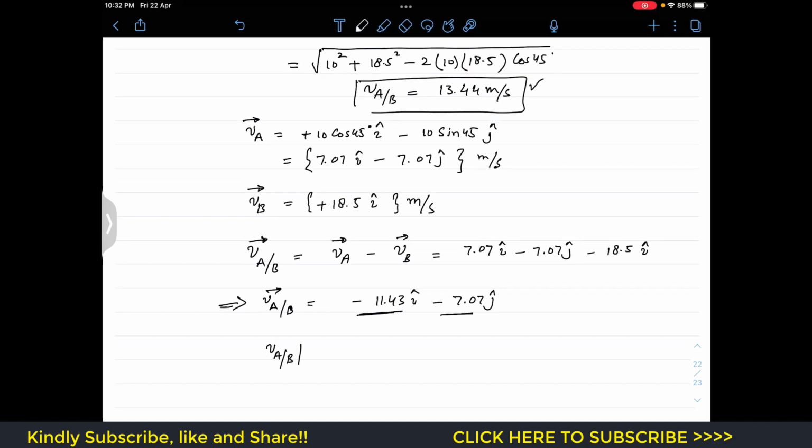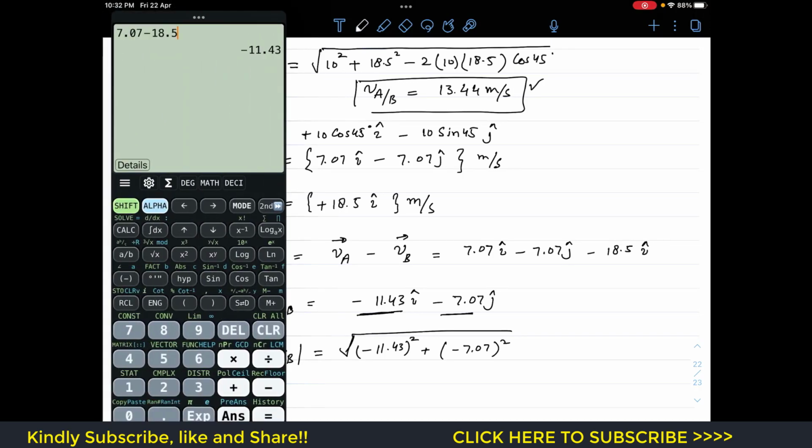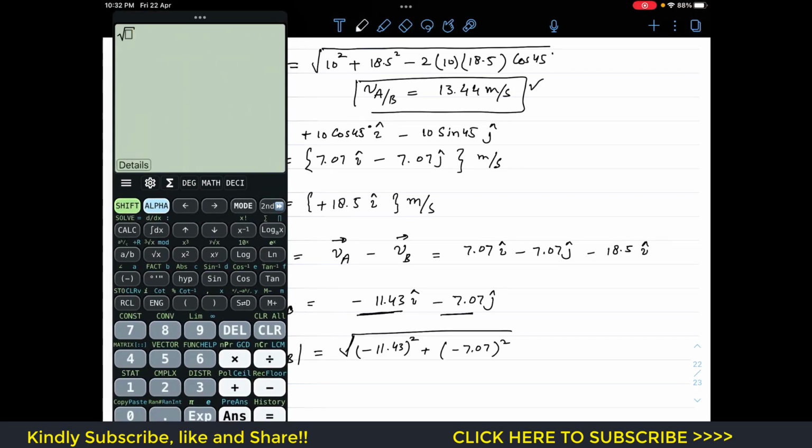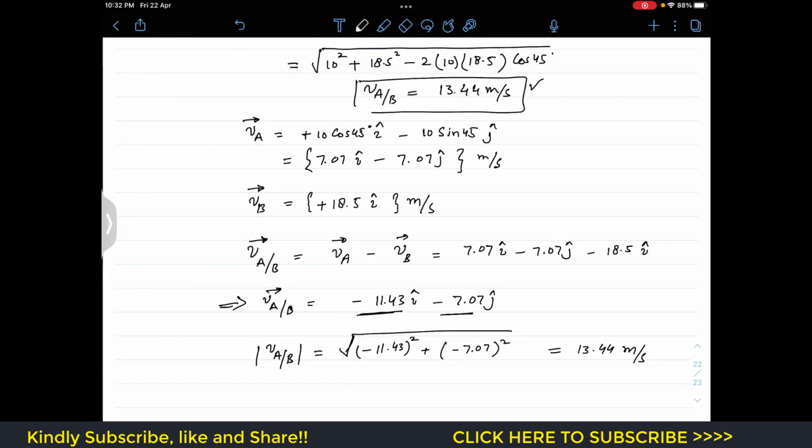So by using the Pythagoras theorem, the magnitude of the relative velocity of A with respect to B will be equal to the square root of minus 11.43 squared plus minus 7.07 squared. So this gives us that same answer, which is approximately 13.44 meters per second.